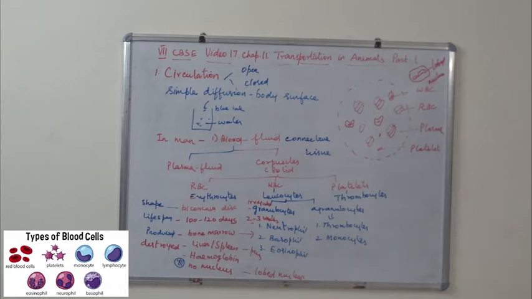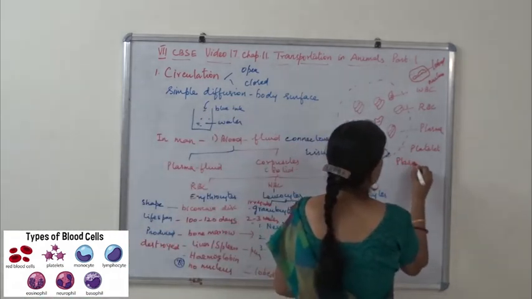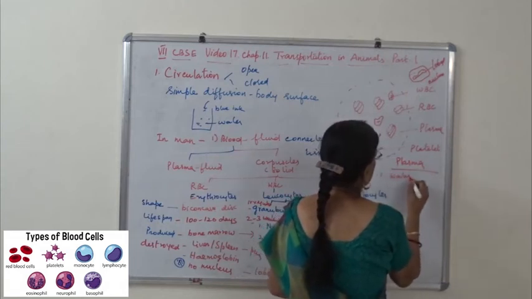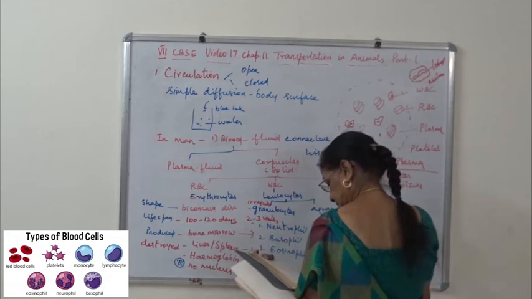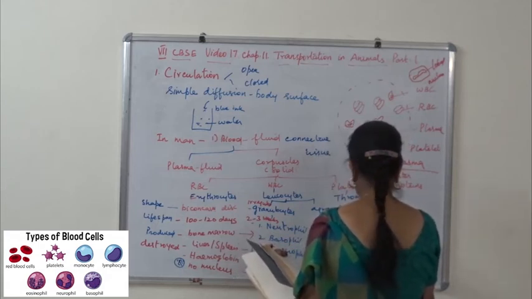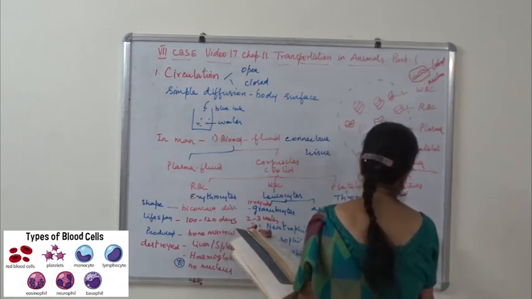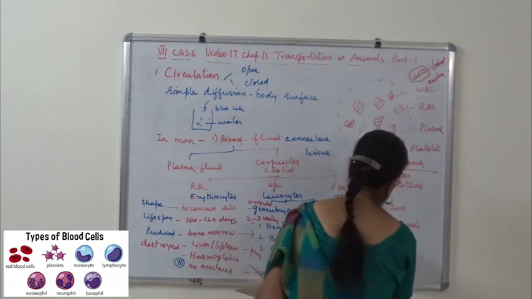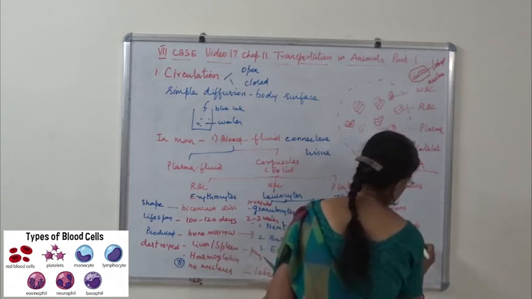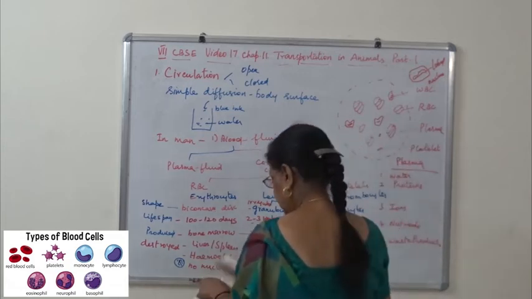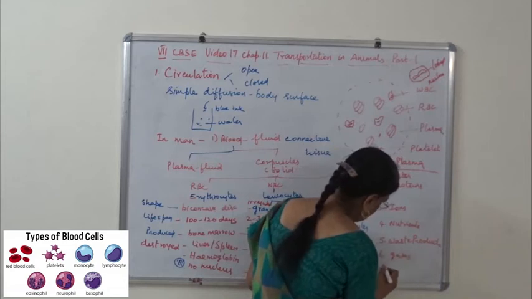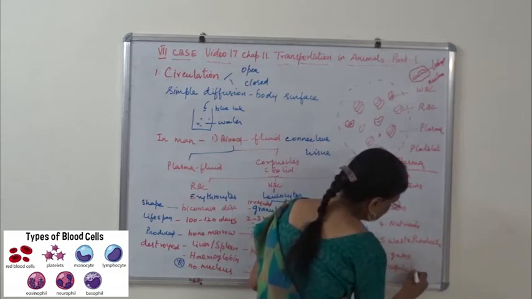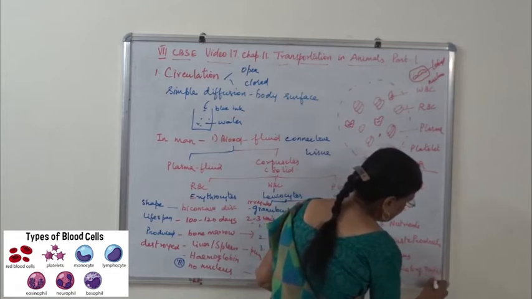Blood plasma contains water, then plasma proteins, ions, nutrients, waste products, gases and regulating substances.